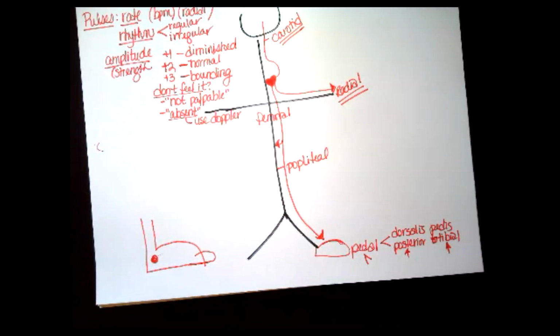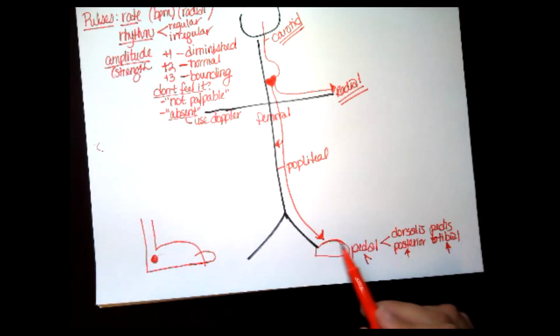You'll notice there's a cavity behind there. If you run your fingers behind that bone and push, you can feel the posterior tibial pulse. It takes practice, so don't get frustrated. That delivers 60 to 80% of the blood to your foot, so you really need to make sure that we can find that one.